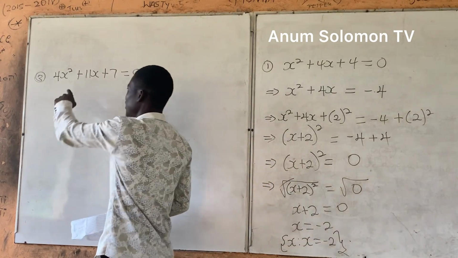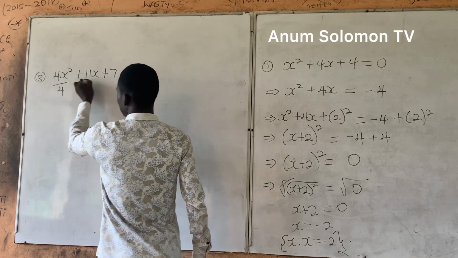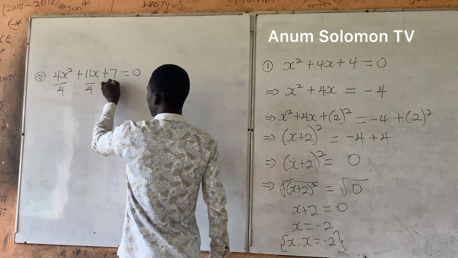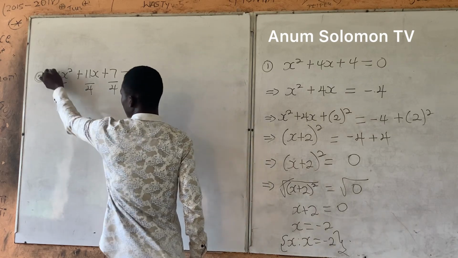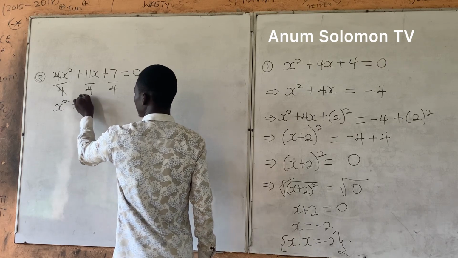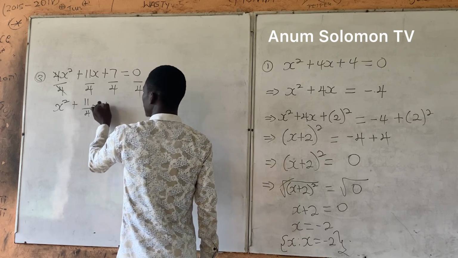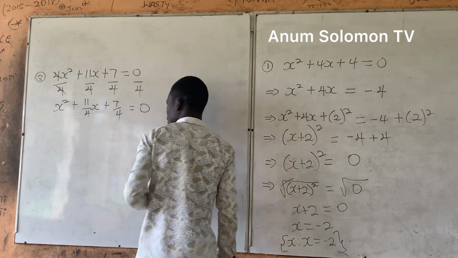But here, the coefficient of x squared is 4. So on this note, we have to divide through by 4, this side by 4, this side by 4, this side by 4. So the 4 goes into 4 once. We have x squared plus 11 over 4 x plus 7 over 4 equal to 0.